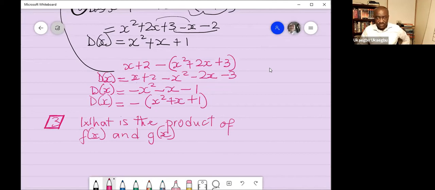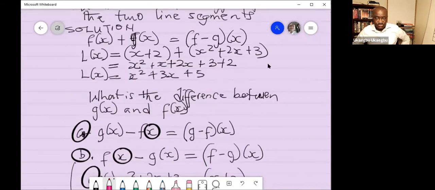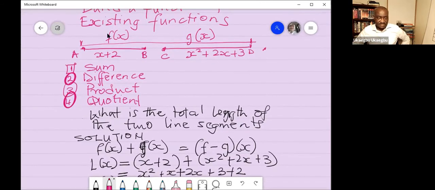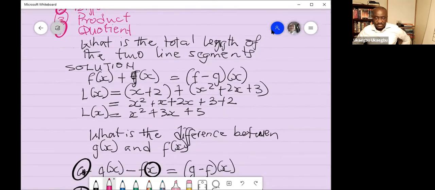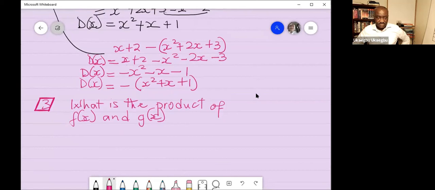We are still referring to this line segment. So if that's the question that you are asked to solve, here's the solution.